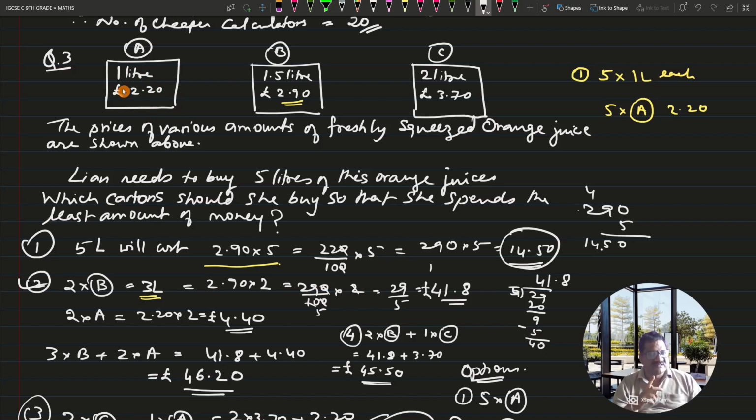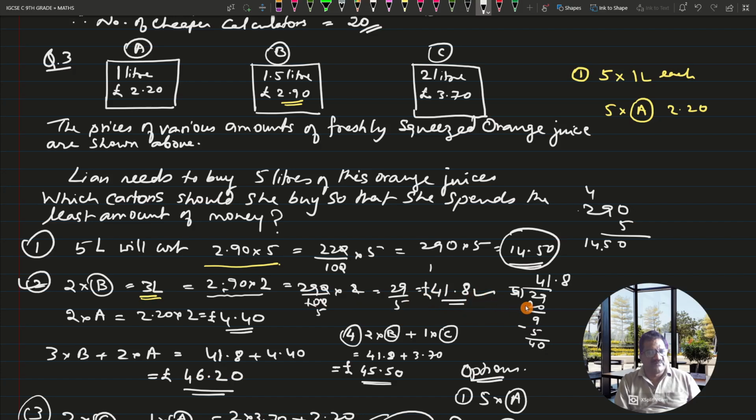The rate for the A pouch is 2.20 per liter. So the calculation will be this way: 2.90 into 2. This will make it 3 liters, and this will work out to 41.8, isn't it? So that has been worked out.